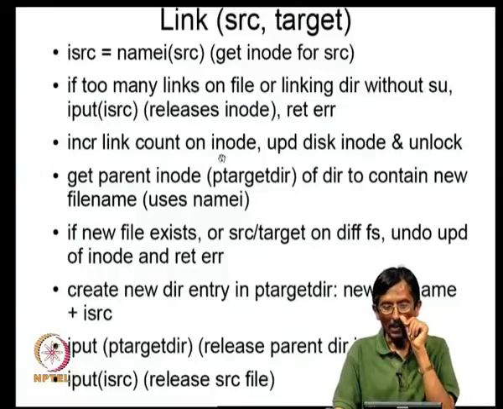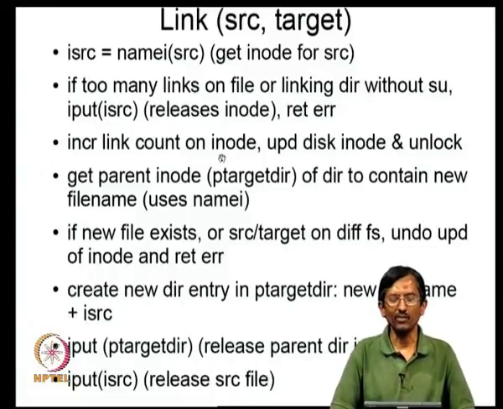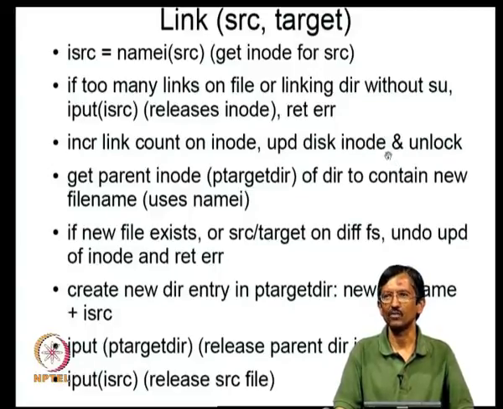Now, suppose you have incremented the inode and then you update the disk inode. That means even before I have done anything, I already updated it. Suppose there is a crash here. Now the question is, is it possible for me to recover from it? It turns out that FSCK can recover from this because it follows all the pointers and finds that it is actually pointing to only one thing.